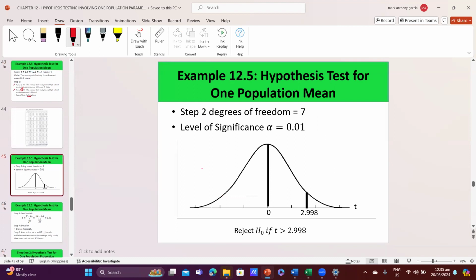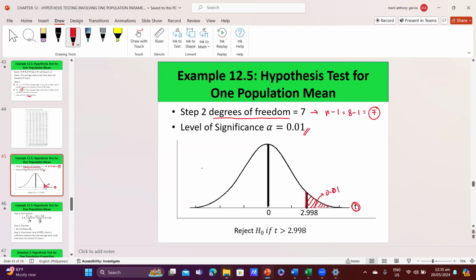So in step 2, our level of significance is 0.01, and we're going to use the t-distribution, and we shade the rightmost part of this t-distribution. And then we will get the critical value. But recall that whenever we get the critical value, or whenever we read from the t-distribution, we have to solve for the degrees of freedom. So this degrees of freedom is n minus 1, and in this case, it's 8 minus 1 equals 7.